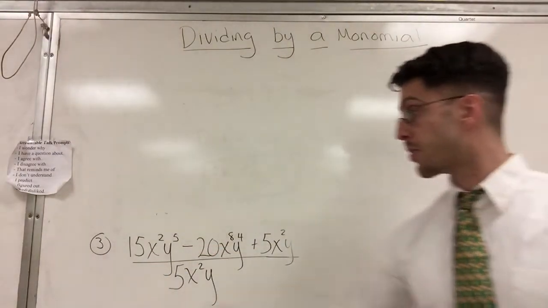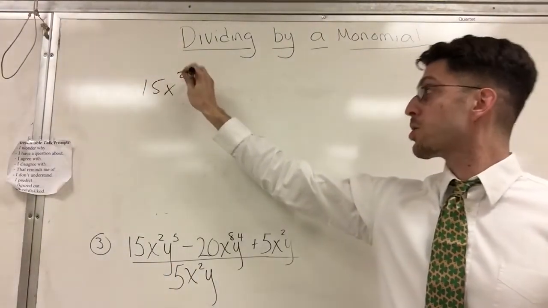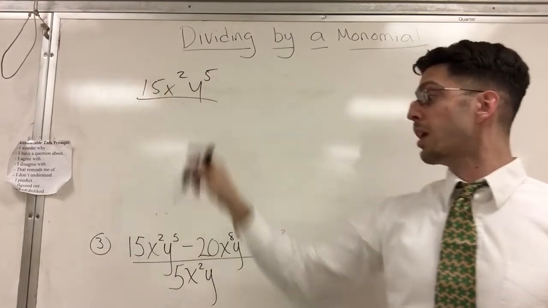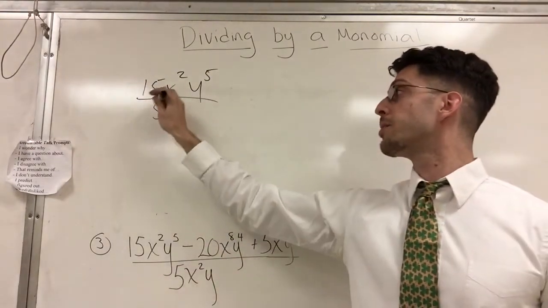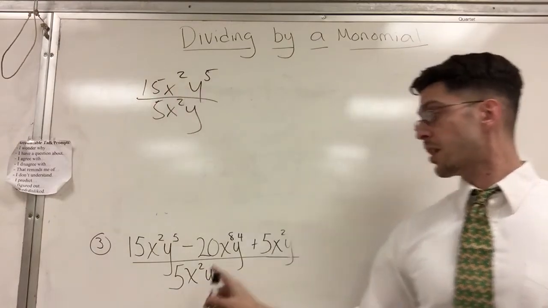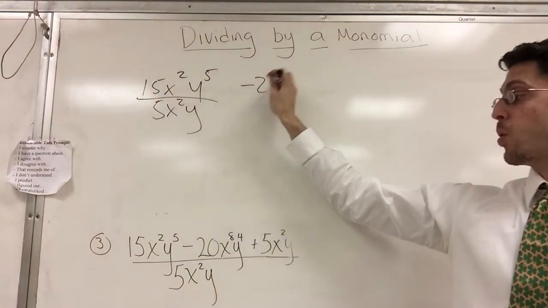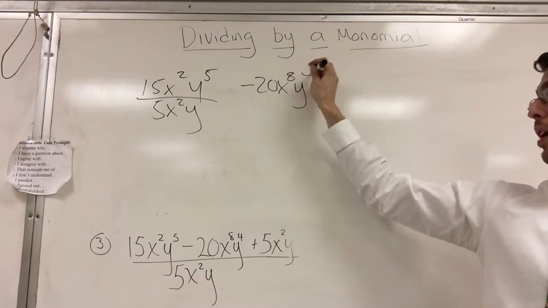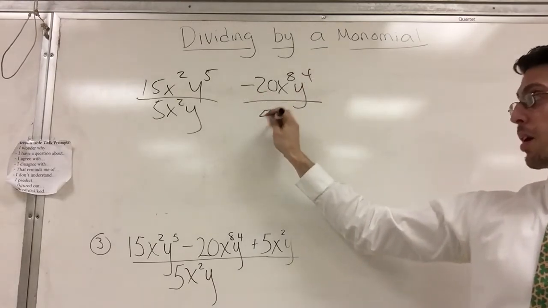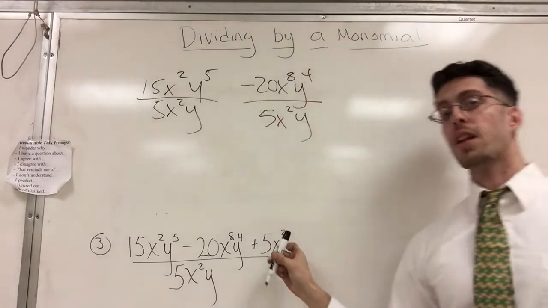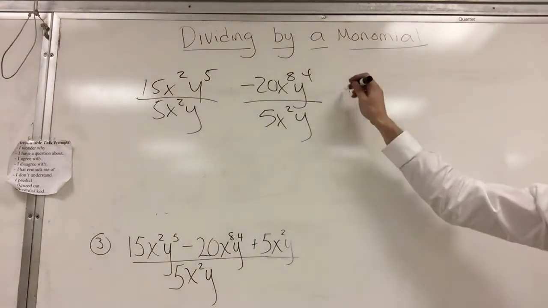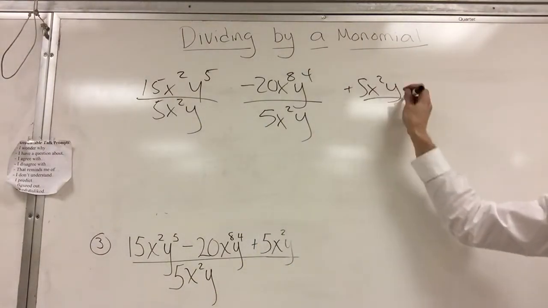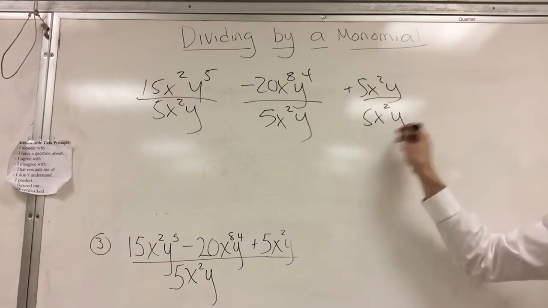The first term is 15 x squared y to the 5th, and I'm going to divide it by the divisor, 5x squared y. Second term is negative 20x to the 8th, y to the 4th, and I'm going to divide that by 5x squared y. And then, of course, the third term, I also divide. So positive 5x squared y divided by 5x squared y.